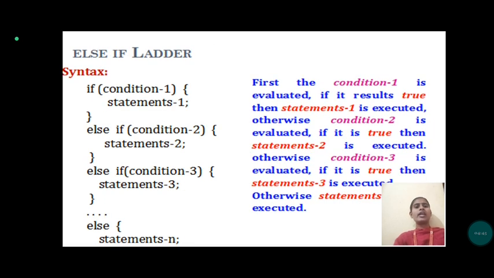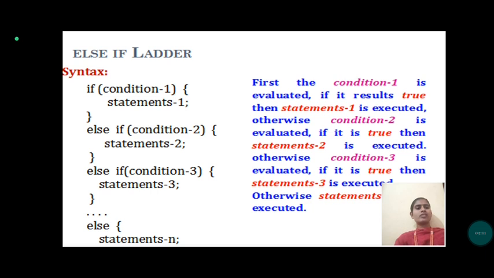Next, we have the else if ladder. Here we have the syntax: if condition 1, open curly bracket, statement 1, close; else if condition 2, open, statement 2, close; else if condition 3, statement 3; and so on up to else if condition n and statement n.